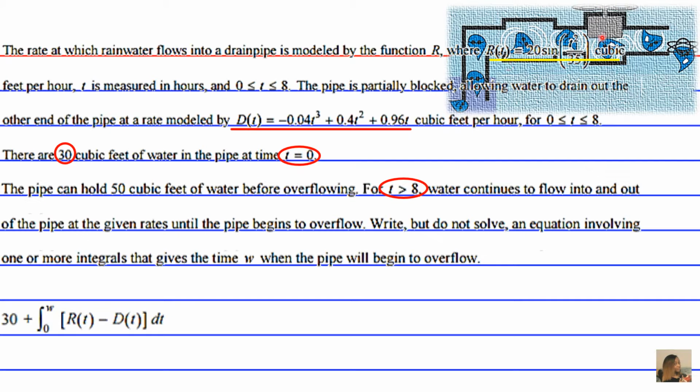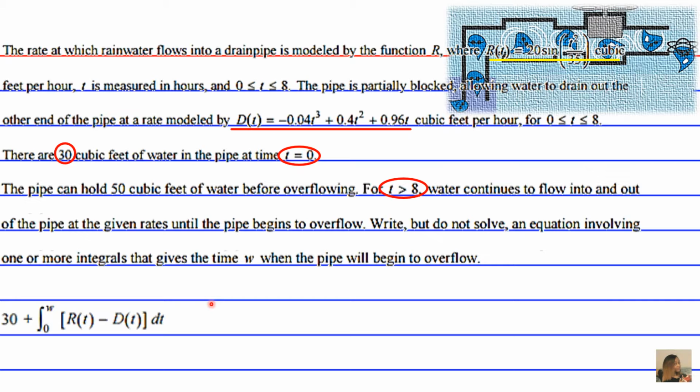Also, r of t is expressed in cubic feet per hour, but if we get rid of the per hour, or t, our time dimension, we're left with cubic feet. And that makes sense because this 30 is 30 cubic feet of water. It's the initial volume, okay? So we're good with that.